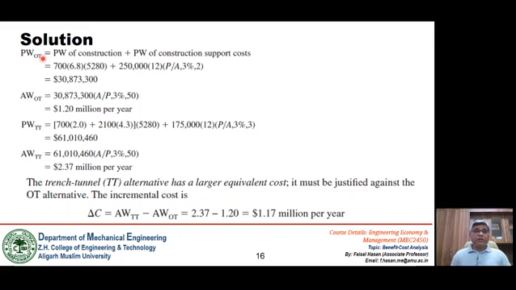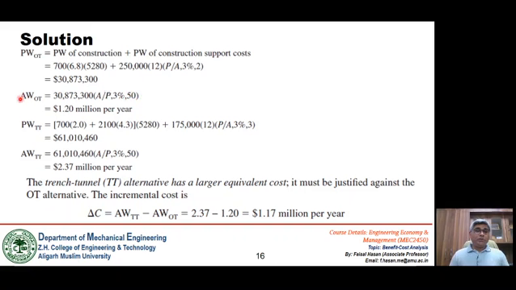Now this is the data for 2 years, but the project life is 50 years, so we have to convert this to a 50-year basis. The present worth is given and we are interested in finding the annuities, so we can use the relationship between P and A. P is given, we find A, the interest rate is 3%, and the project time is 50 years.